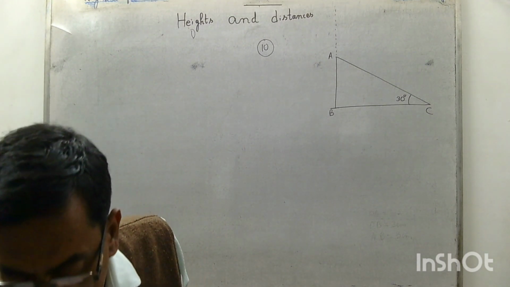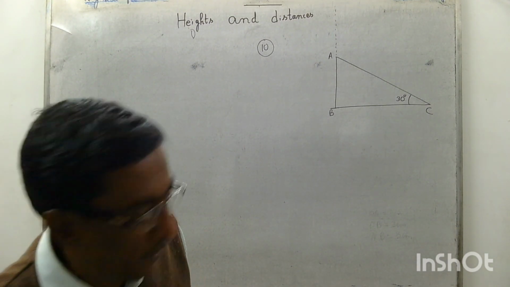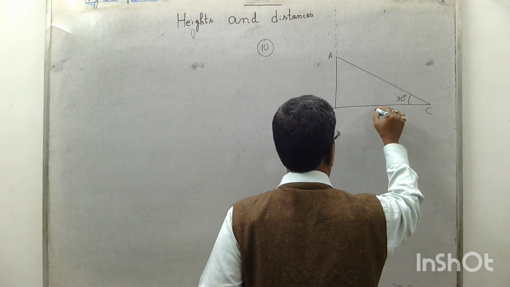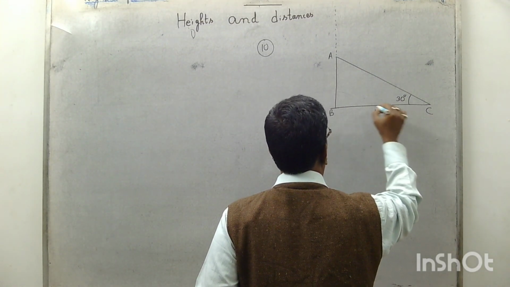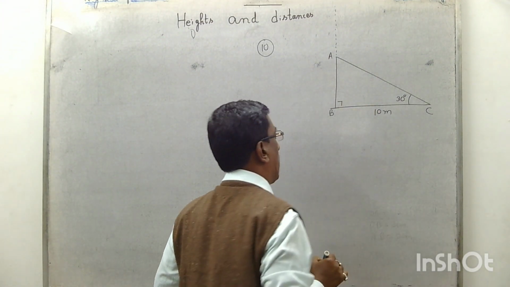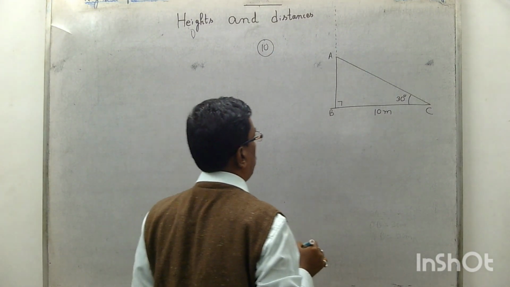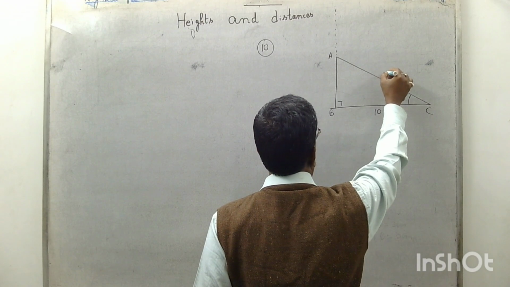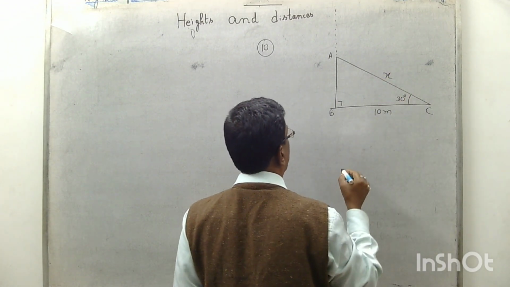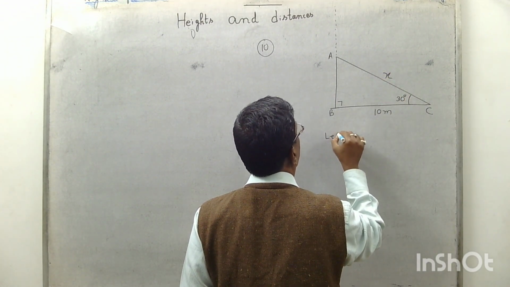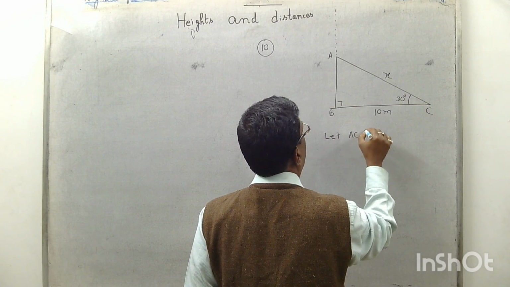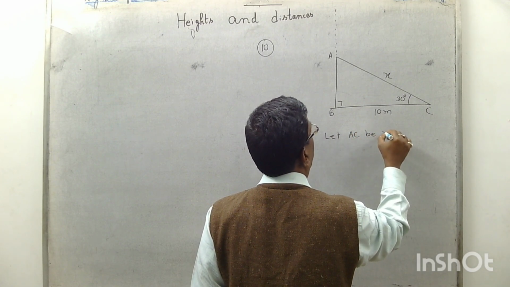Now BC is 10 meter. This is a right angle. We have to find this portion. Let AC be X.